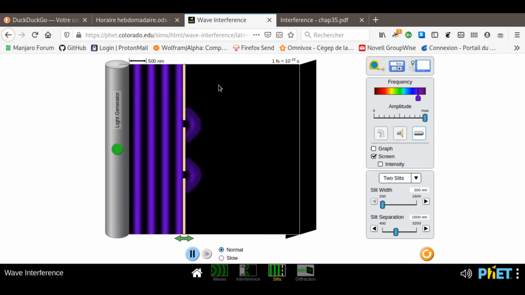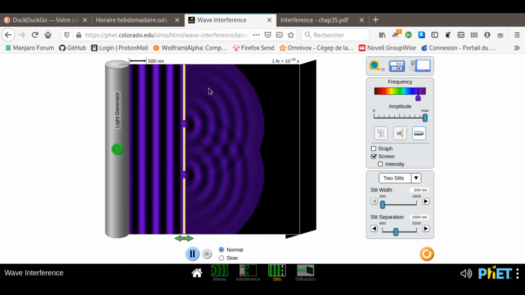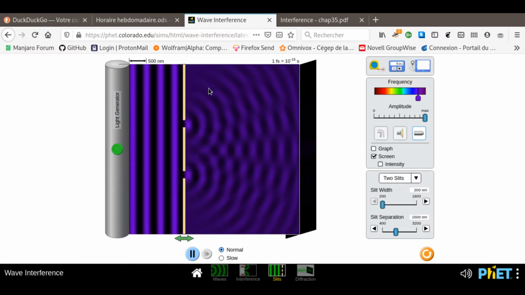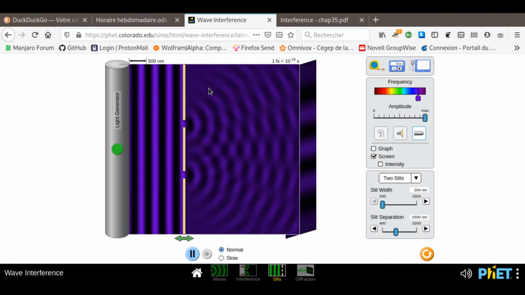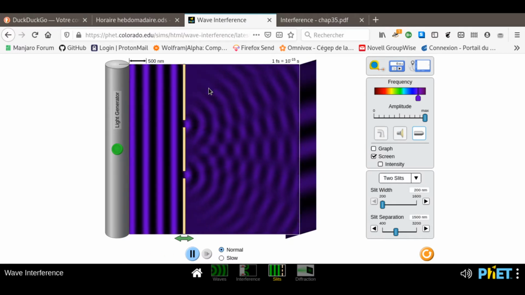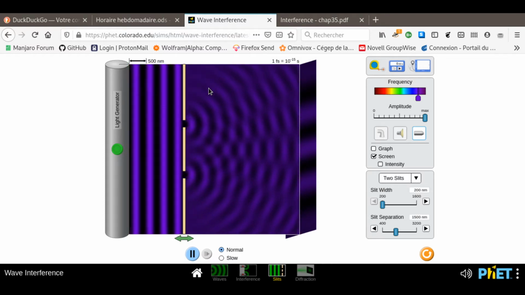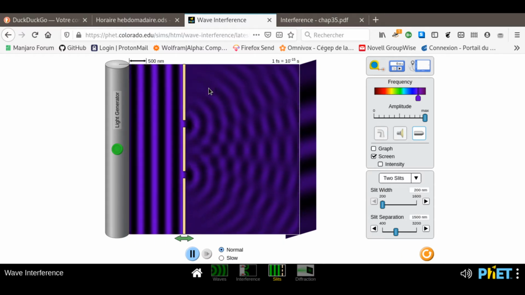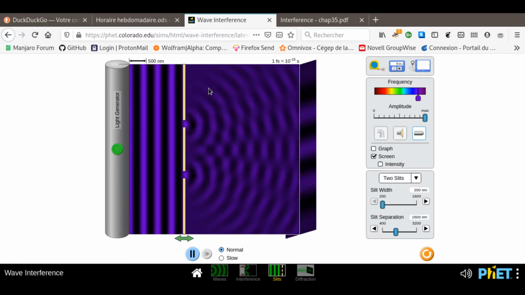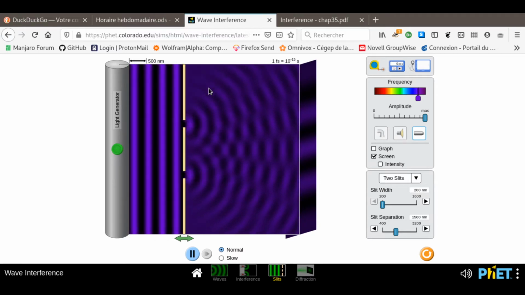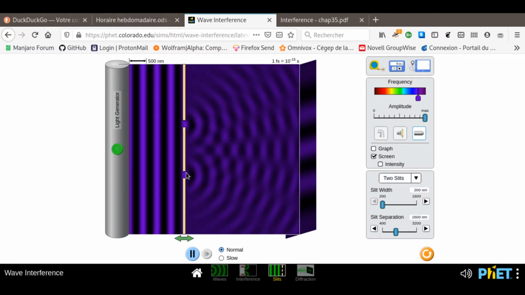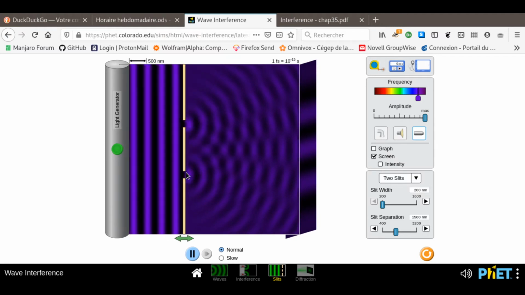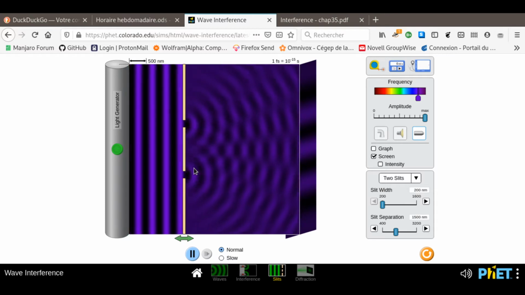Whenever light hit those two slits, they were the only part of the obstacle through which light could pass. So these two slits each act as a source. This is our first source, and this is our second source.